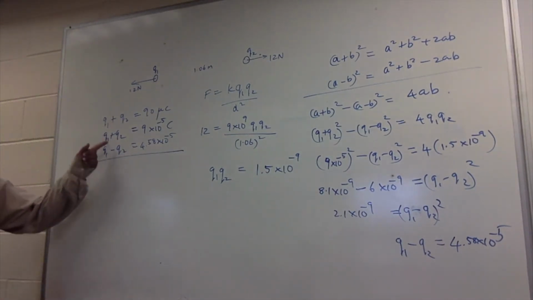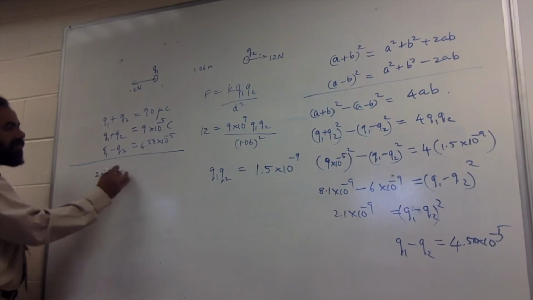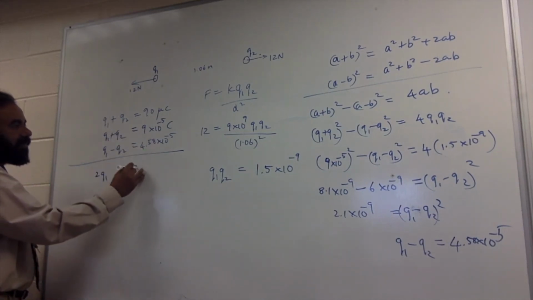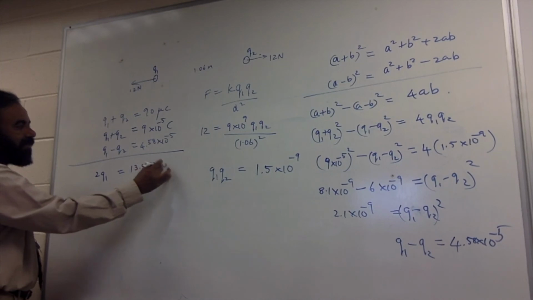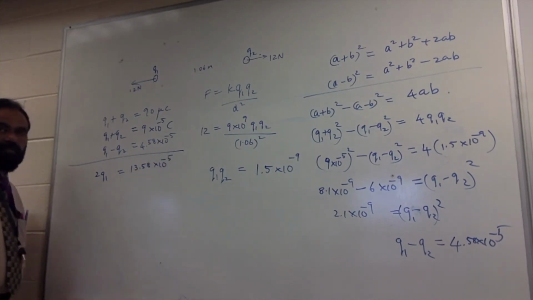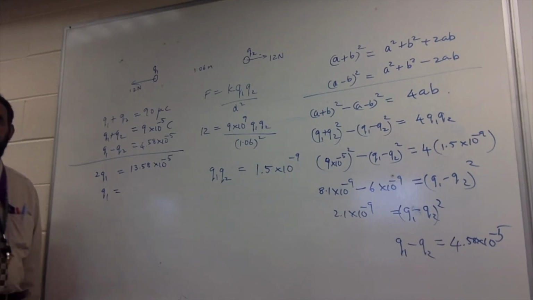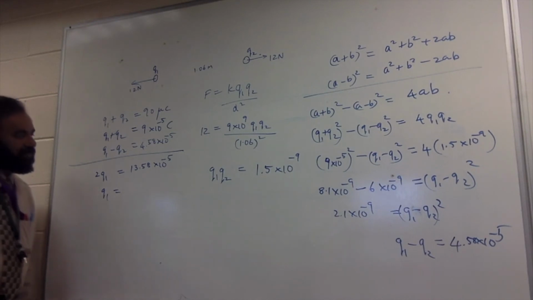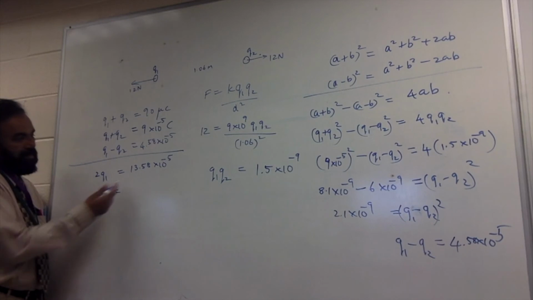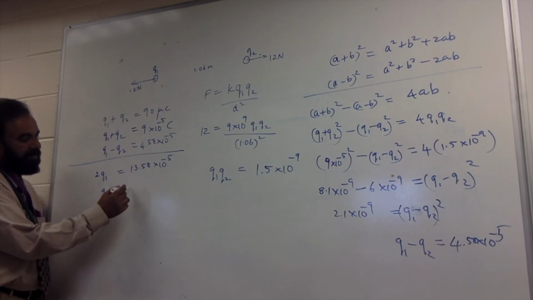What can you do to eliminate one of them? Just add them. So what is 2Q1? 13.58 times 10 to the power of negative 5. So what is Q1?